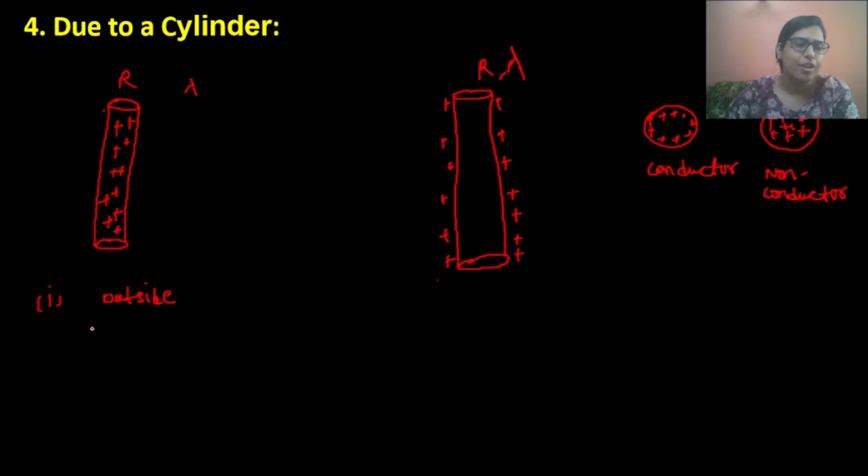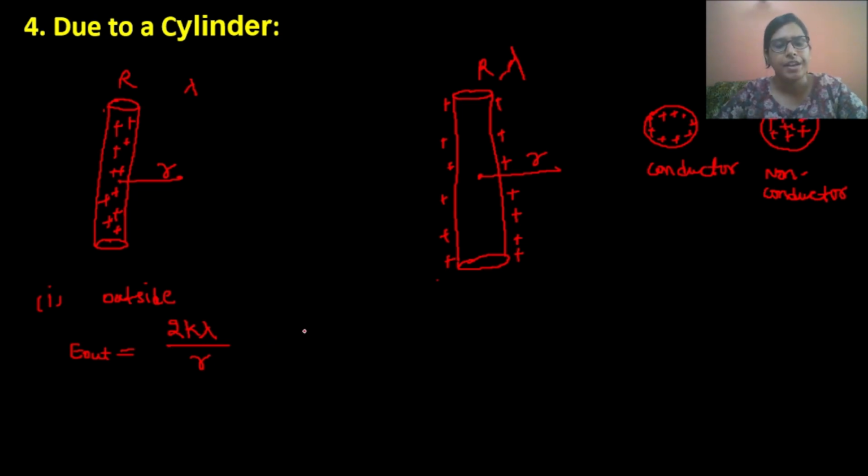Outside the cylinder, for a non-conductor, electric field will be K lambda upon r at a distance r. Distance is measured from the center line of the cylinder, and this is same for non-conductor and conductor cylinder, right? This is for both.